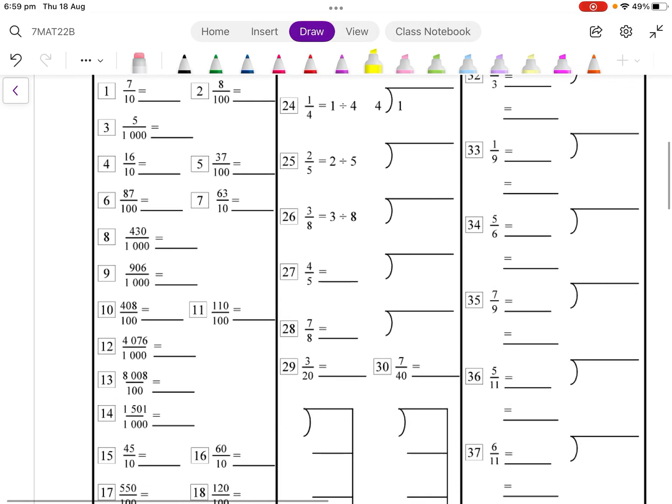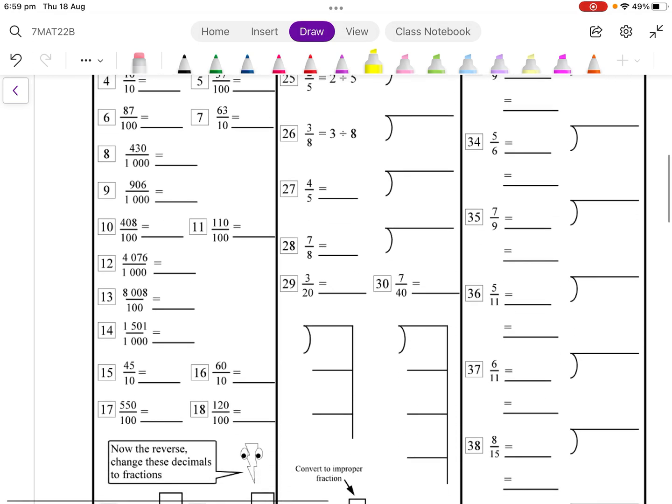Just a little tip for some of these that get a little bit tricky, such as, how many times does 20 go into 3? What you can do is, for this one, change it by dividing both the top and the bottom by 10. Okay, so the opposite of what we did last lesson.